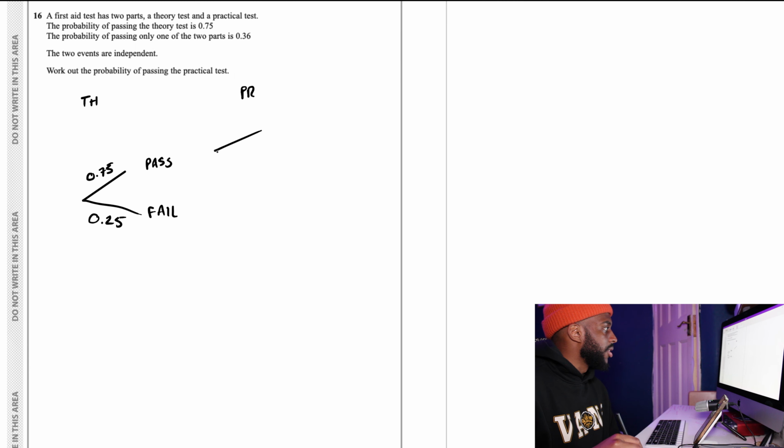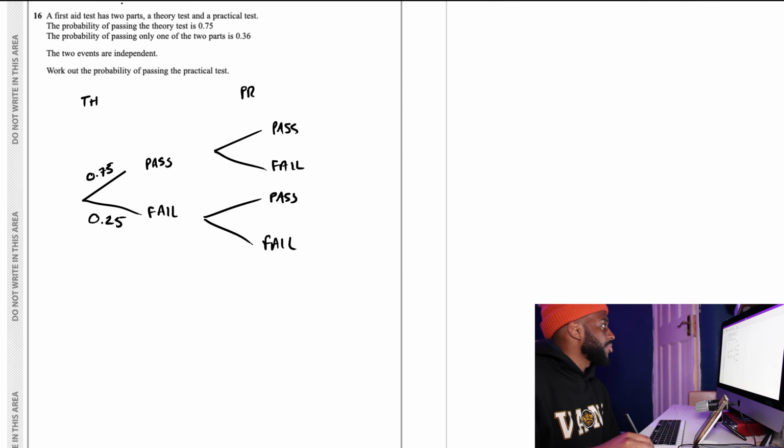And then we can make our other branches over here for our practical. So same thing, pass and fail. Pass and fail. However, on this line, it says the probability of passing only one of your 2 parts is 0.36. So that doesn't actually tell us how to fill out these branches for our practical.